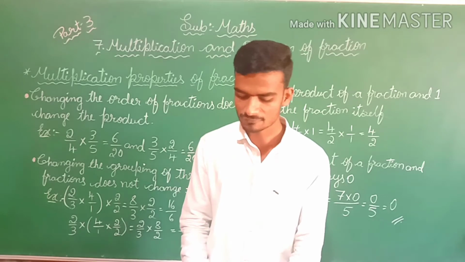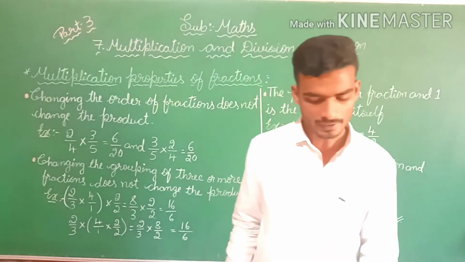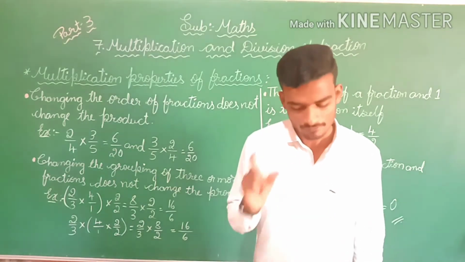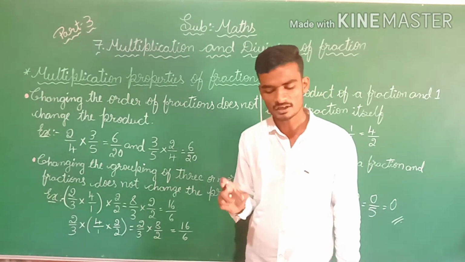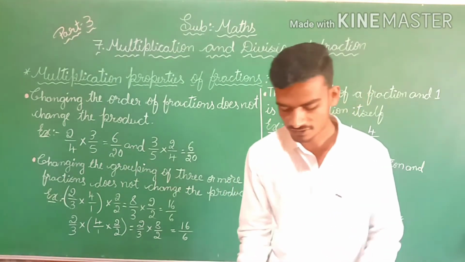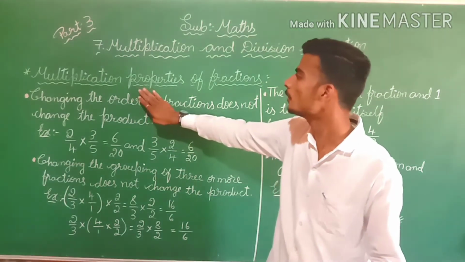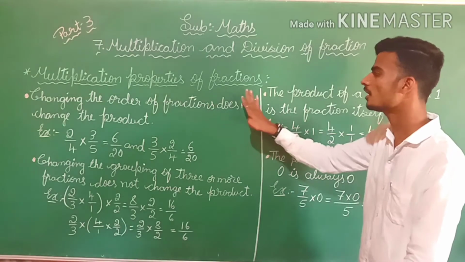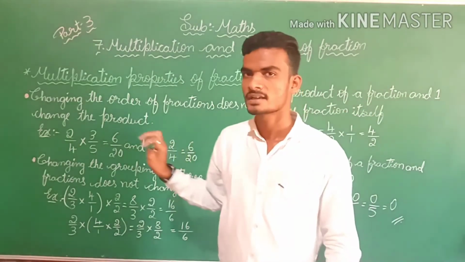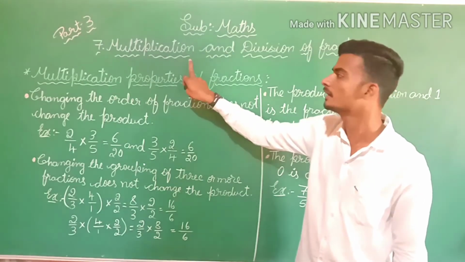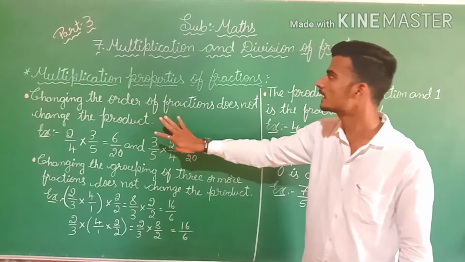Multiplication of a mixed fraction with a whole number. Then multiplication of a mixed fraction with a fraction. Multiplication of mixed fractions and its use. At last, we have learned about the multiplication properties of fractions. This is all about multiplication.